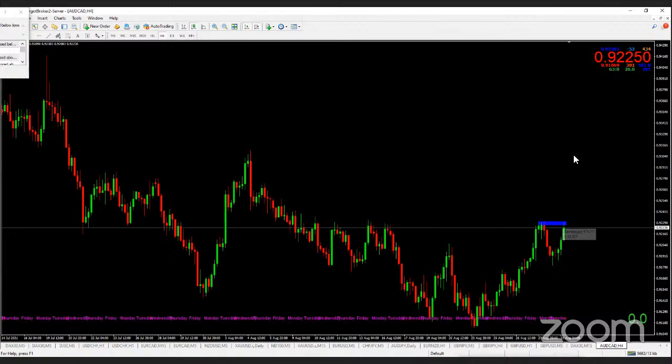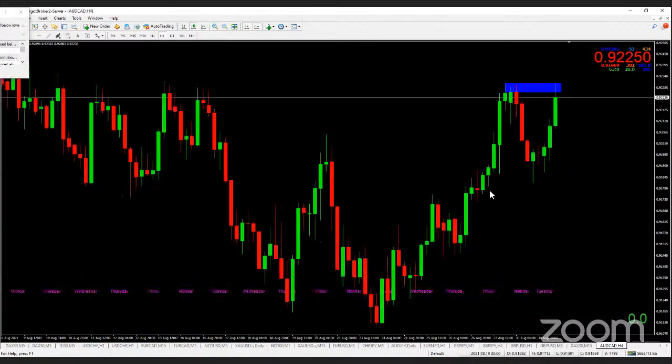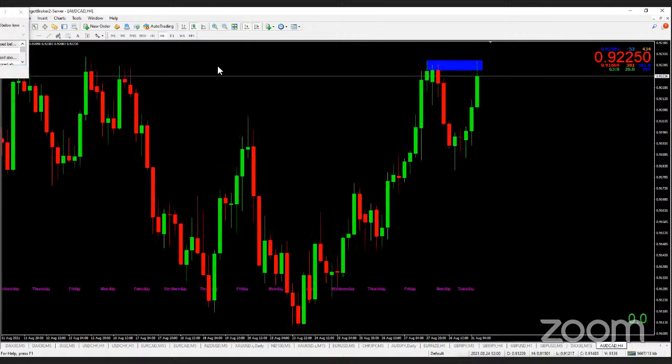If price breaks above this blue rectangle or blue box, like this, let's draw up something.